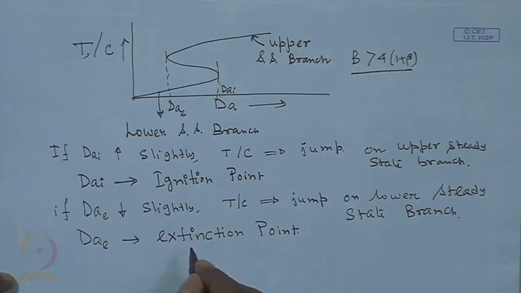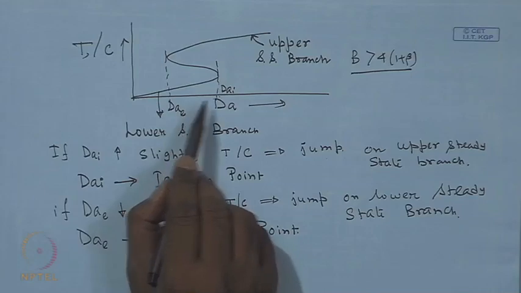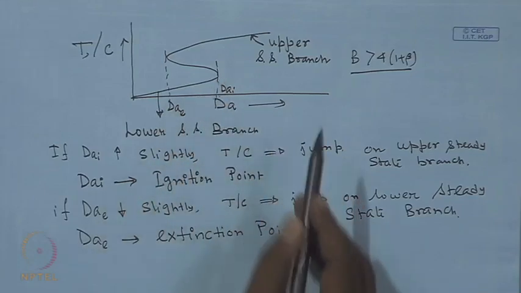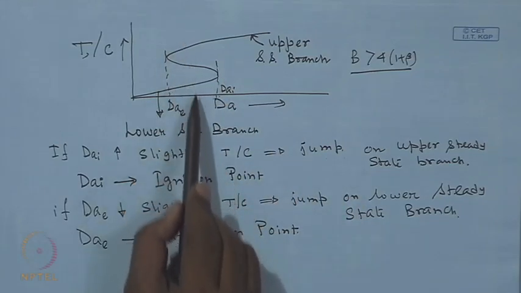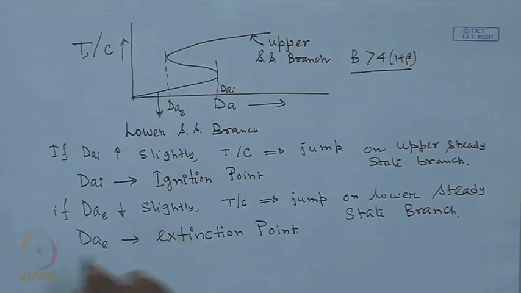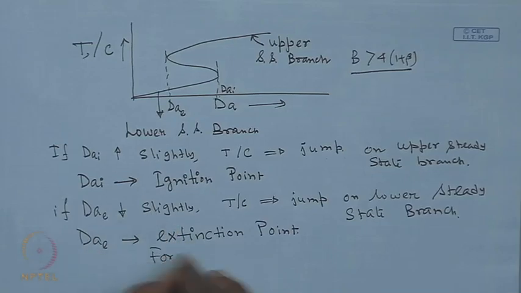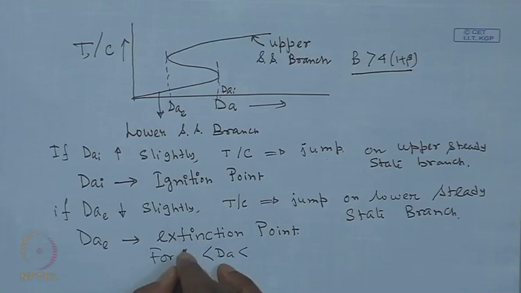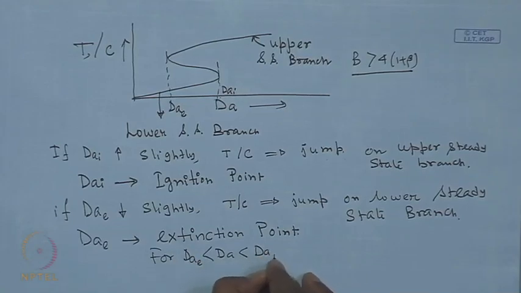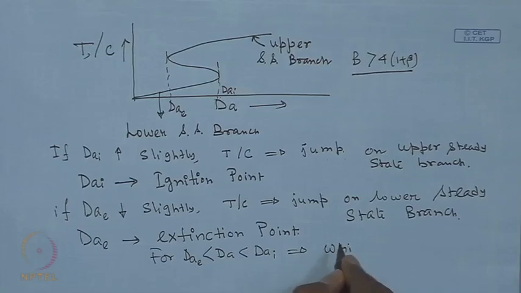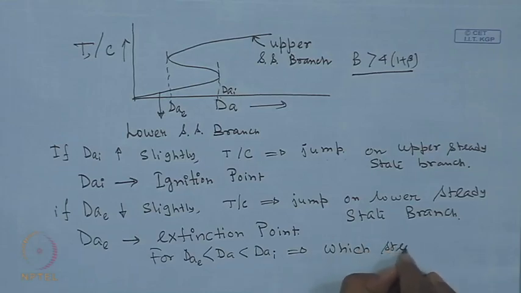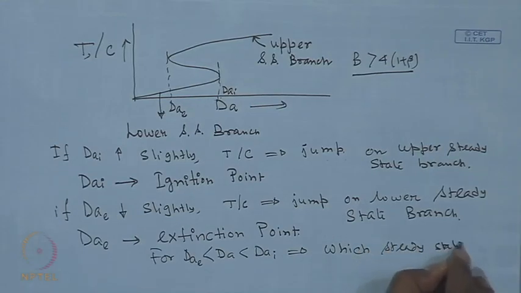Okay. So, if in between dAe and dAi we operate at any Damkohler number, we will have multiple steady states. Now, for dA lying in between dAe and dAi, which steady state is obtained depends entirely on the initial values of T and C. Which steady state among multiple?